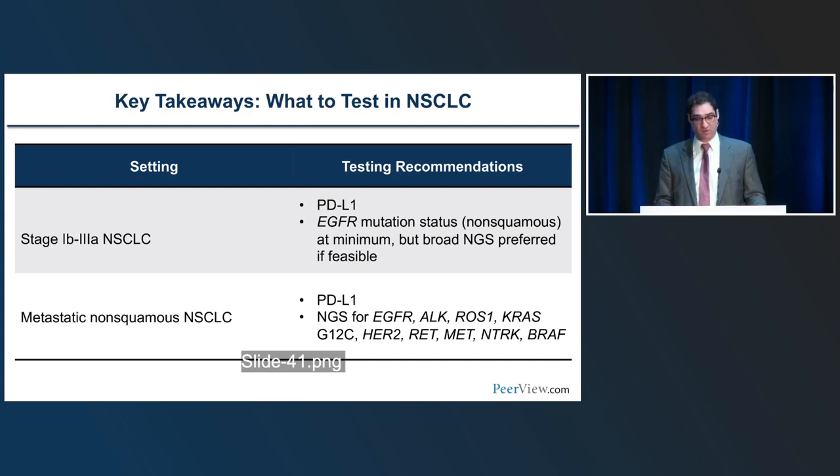For 1B to 3A, as mentioned based on these studies, PD-L1 is recommended, as well as EGFR mutation testing, as those patients are unlikely to benefit from immunotherapy, but broad NGS is preferred, as mentioned, to inform our clinical decision-making in terms of some prognostic factors of mutations and co-mutations that may be of benefit or lack thereof.